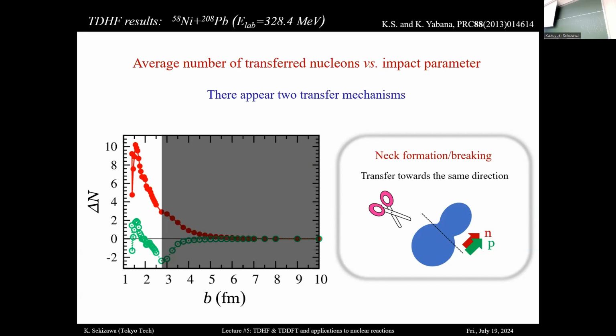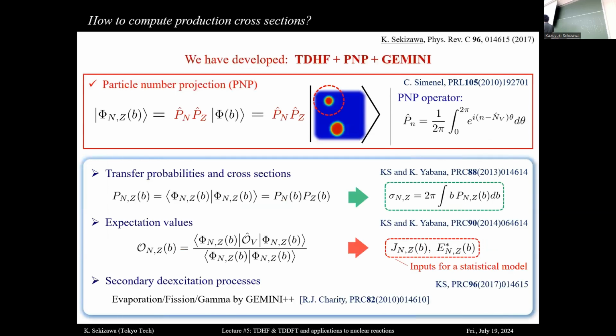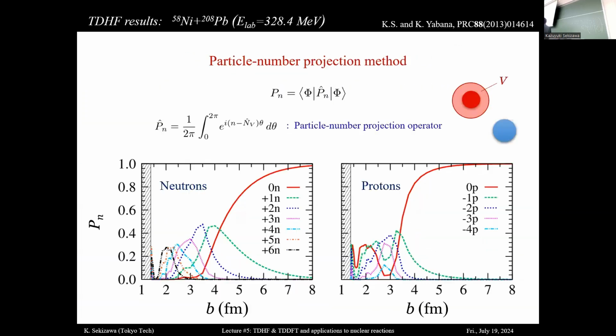And as you can see, it becomes negative and then changes the sign, so it crosses at 0. So there is a region where the zero proton transfer probability first decreases, but then it increases. And after that, the positive nucleon transfer probability develops, and it makes it steep.